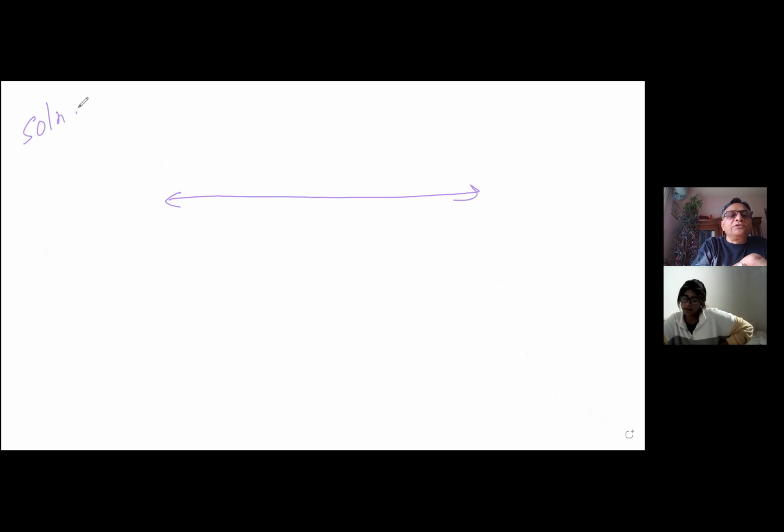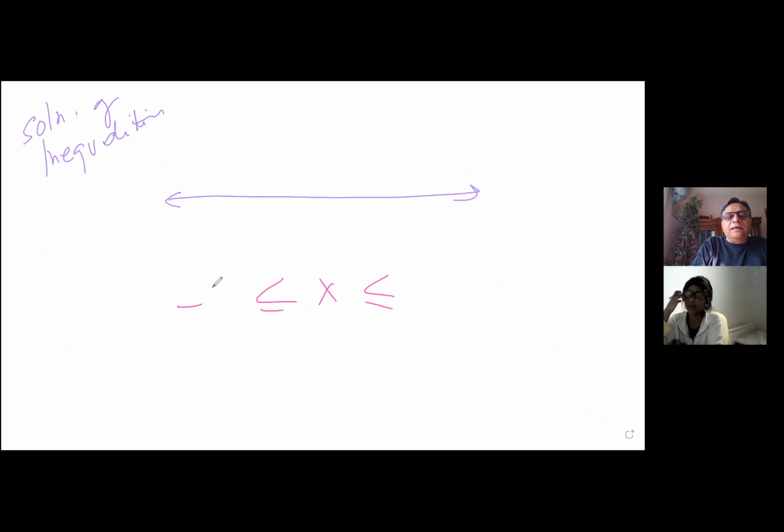There are 10 minutes to go. Now let me share the absolute function on a number line, when we write the solution of inequalities. Let us say we have an inequality where x is between, let's say, minus 3 and plus 3. Very easy to write as an absolute function inequality.